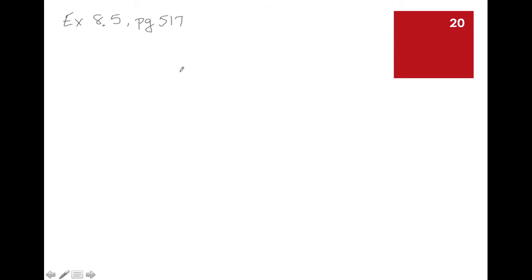So remember, you were having 5 kids and what we wanted was the probability that exactly 2 of the 5 were blood type O. You might remember that the probability of success in this problem was 0.25. You might see that there in your notes.